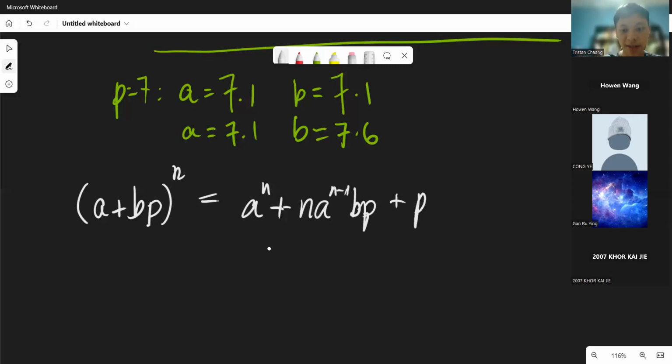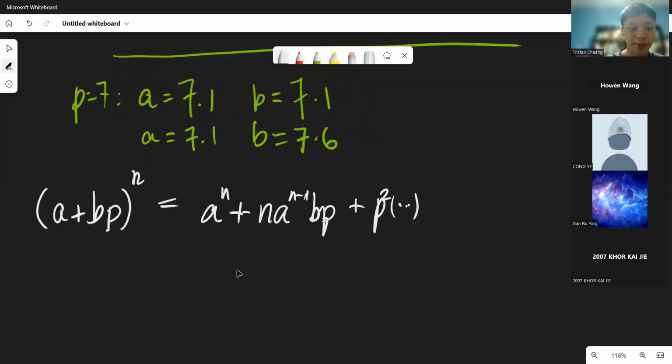In fact, I can just ignore everything remaining, and just say the remaining terms are divisible by p squared. And hence, if you take mod p squared, you just take these two terms.